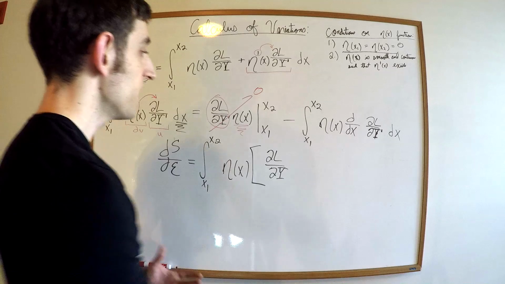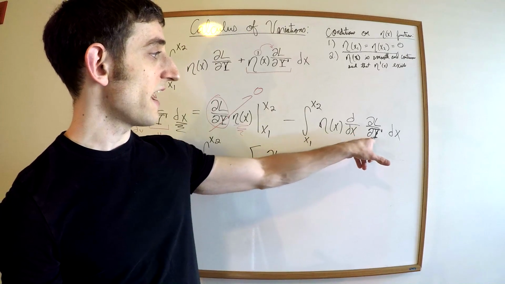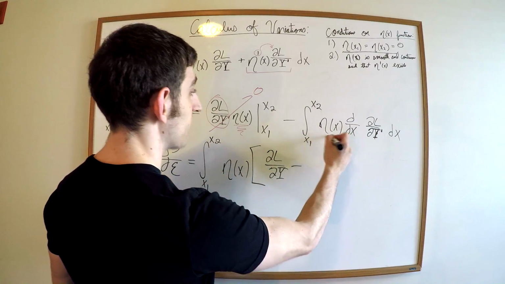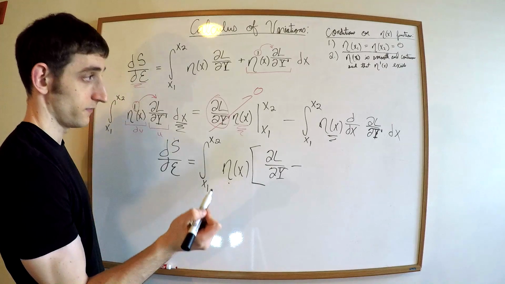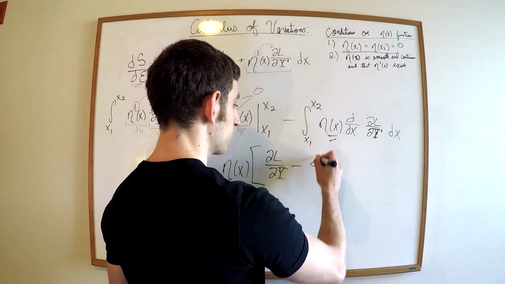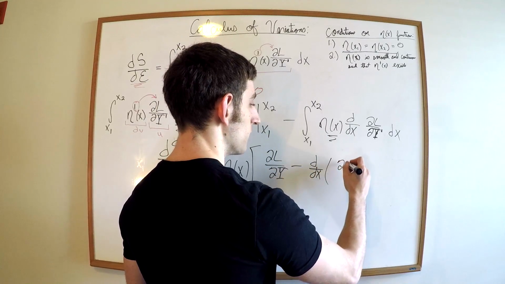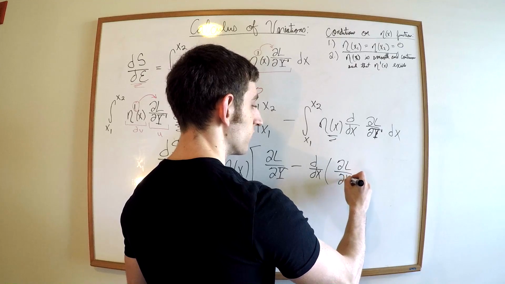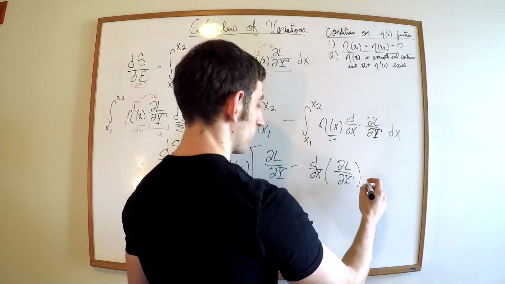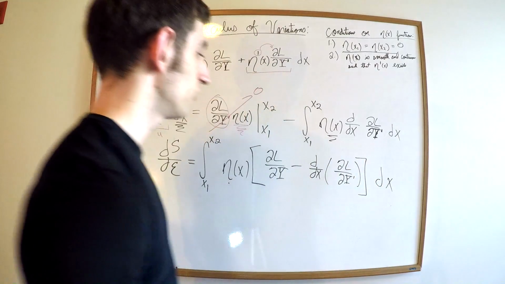So we get minus eta sub x d/dx of dL/dy prime. And I'm pulling this guy out here, okay? That's all I'm doing here. So we get minus d/dx of the partial of L with respect to y prime. And all this is with respect to x.